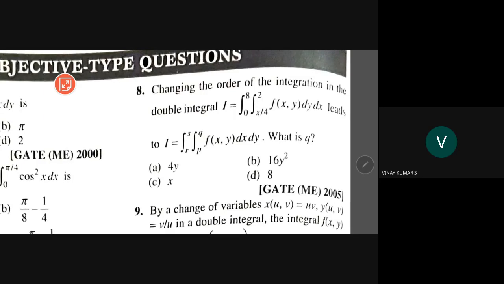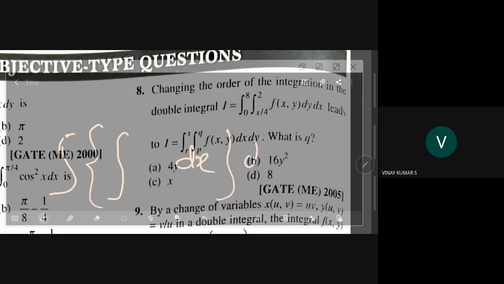Now you tell me, I want you to respond here. Let me see here, Vinay. He has given 0 to 8, x by 4 to 2, f of xy dy dx.